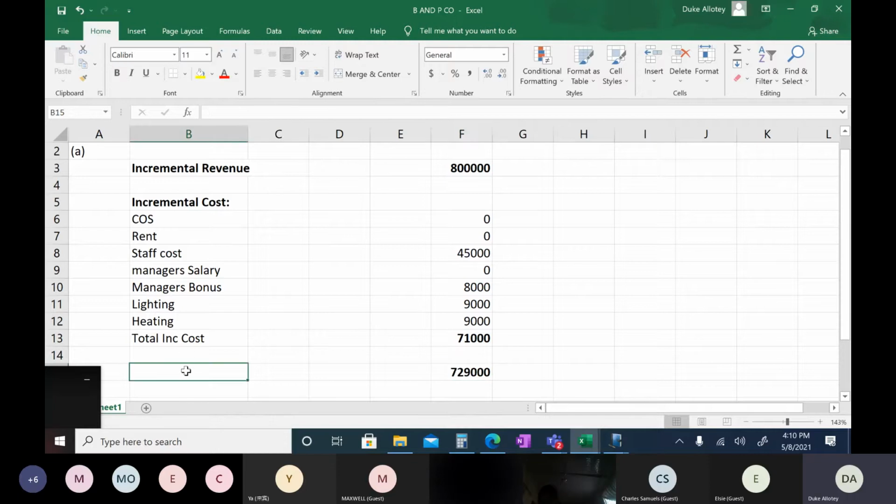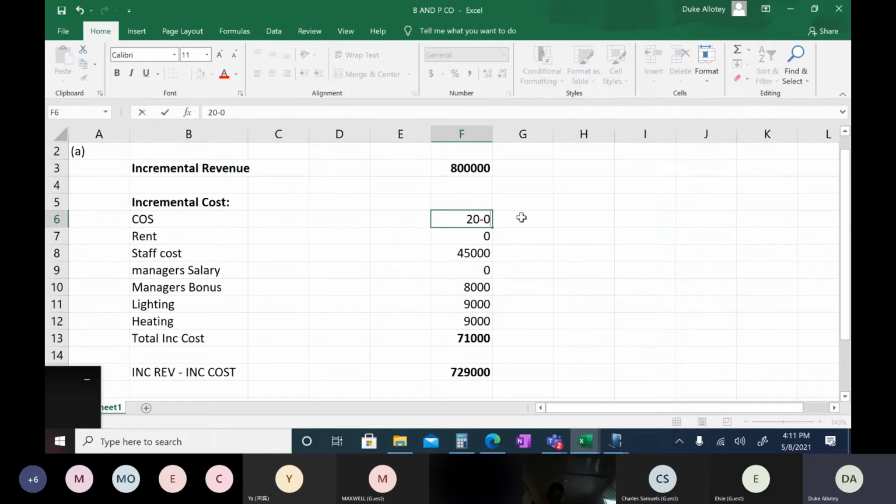So this value is incremental revenue, take away incremental cost, so that I have this. Anytime I come and change a figure, even if I put 2000 here, this figure automatically changes.